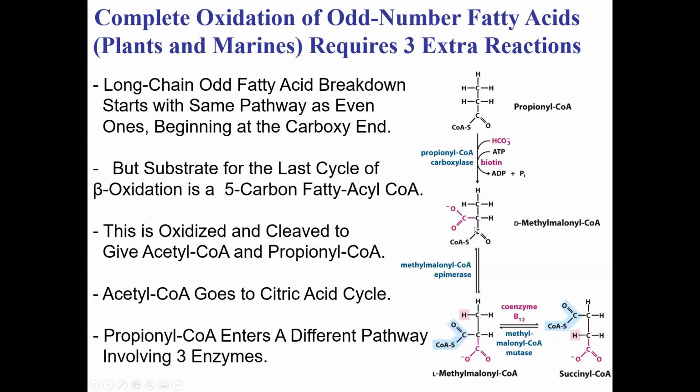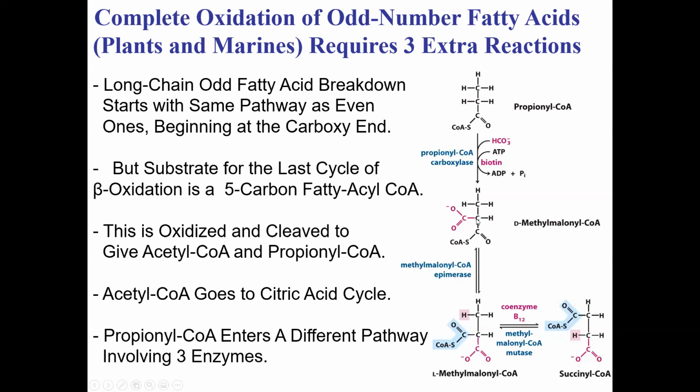And you make what we call D-methylmalonyl coenzyme A. You are making D, not L. And so you need to convert that to L-methylmalonyl coenzyme A. So methylmalonyl coenzyme A epimerase will take those 2 groups, the activated ester of the carboxylate and this carboxyl group newly introduced in the pink, and switch their positions.